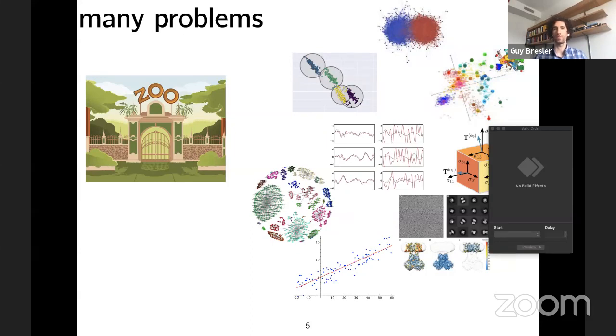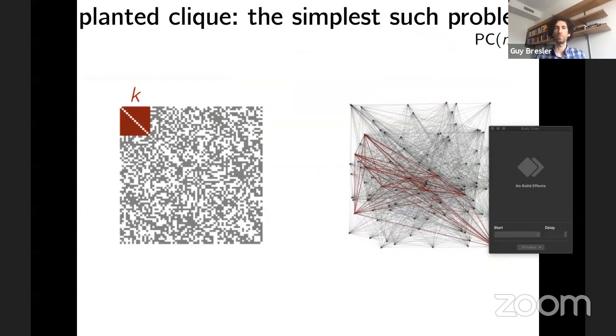It's arguably the simplest problem from this general class of problems, and that's what's known as the planted clique problem. Maybe some of you have seen this before. It's a simple graph cluster inference problem. There is a random graph, an Erdős-Rényi random graph, where each edge is present independently with some probability.